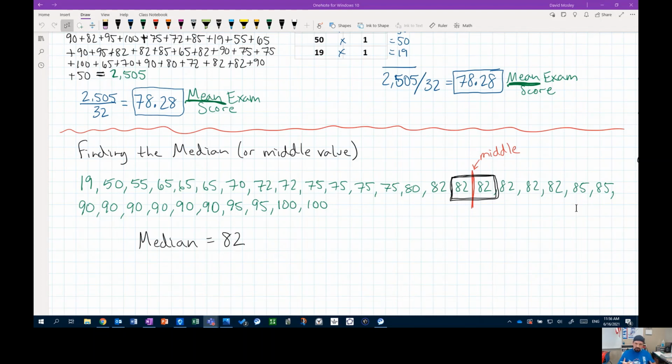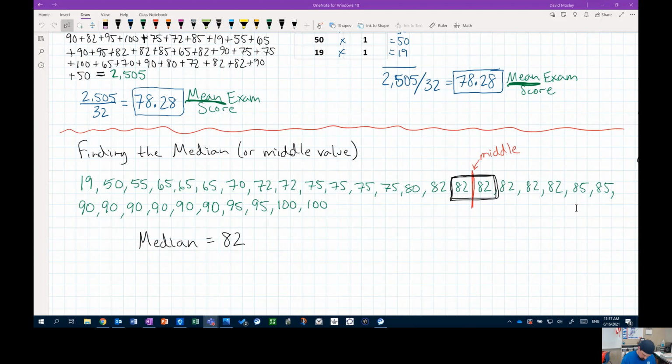We can also use a formula approach to this where we say, okay, I know I have 32 values. I need the middle number. And so what we do for this is we use this formula to find the location of the median.